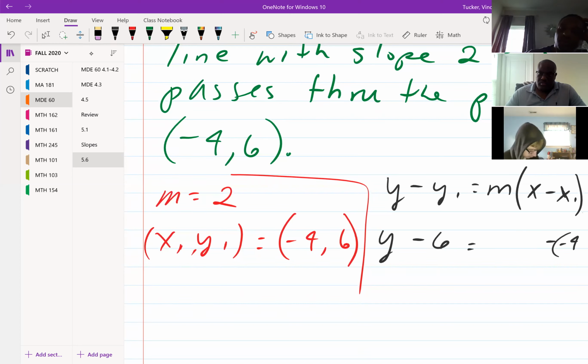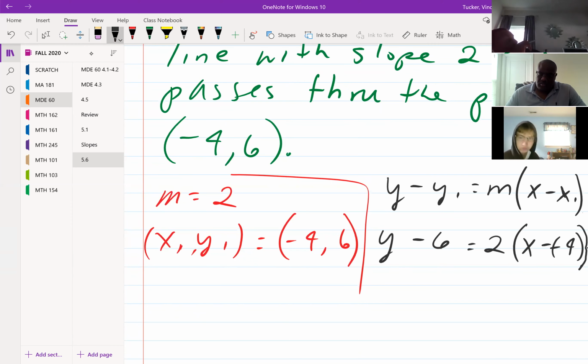I'm messing up all over the place. M is 2, and that's negative 4 inside the parentheses for x1. All right, questions on the substitution? 6 is y1, 2 is m, negative 4 is x1.